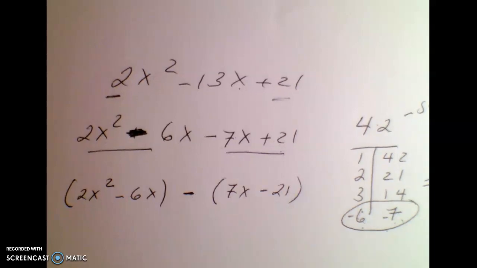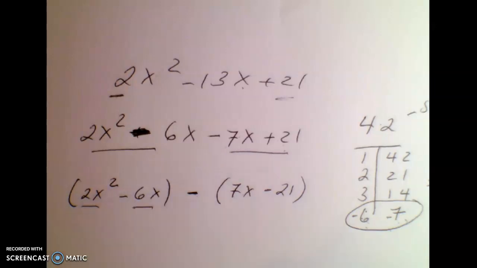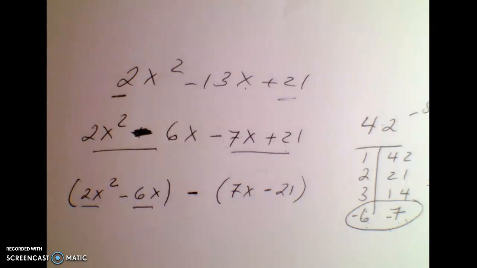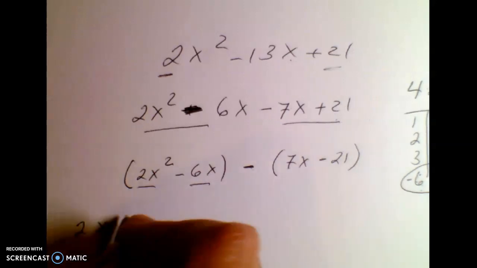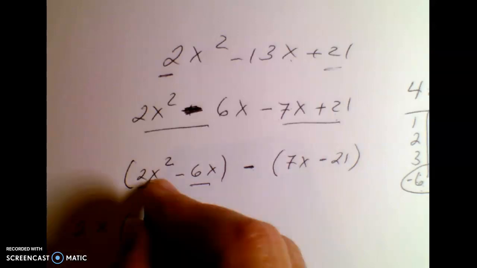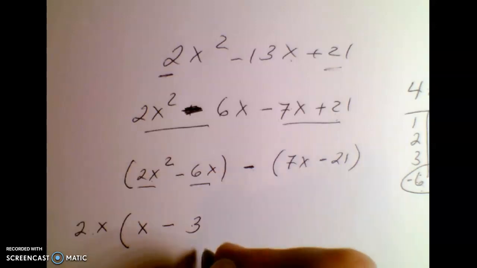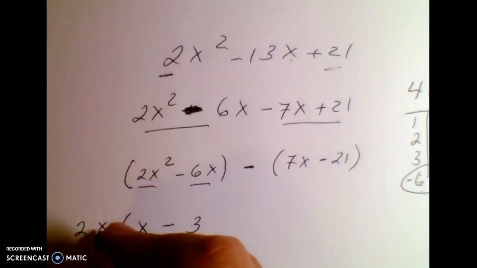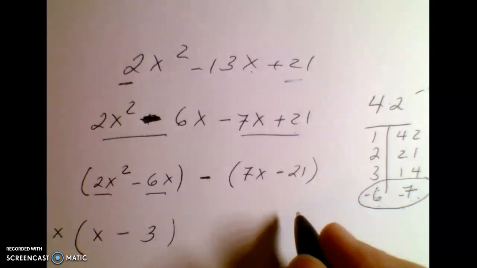And now I start looking for their factors. So I look at the 2x and I look at the 6x. And I know I can factor out a 2. And I know I can also factor out an x. So 2x times x is 2x squared. If I put a 3 here, I get 2 times 3 is 6. And 2x times 3 is 6x. I'm over here.